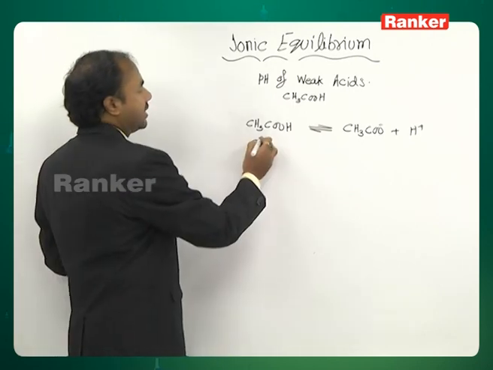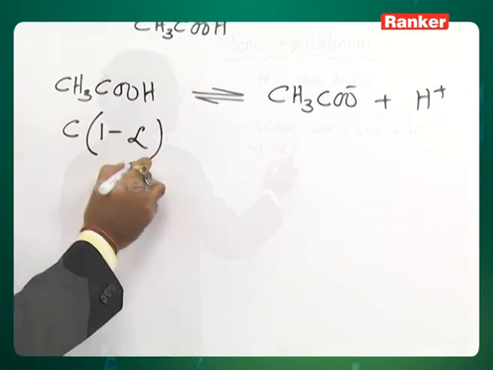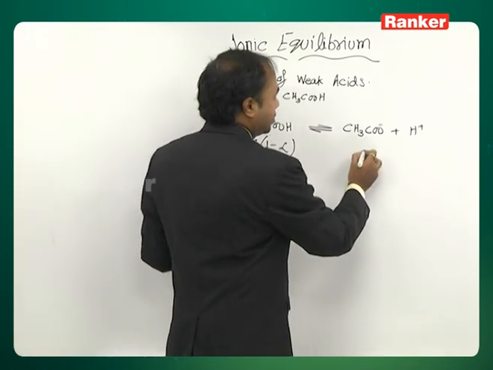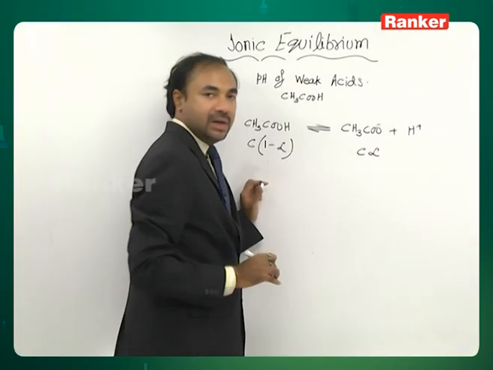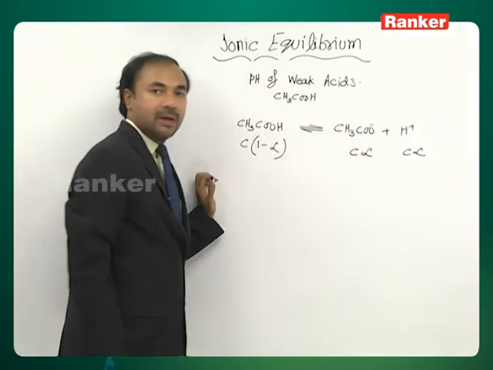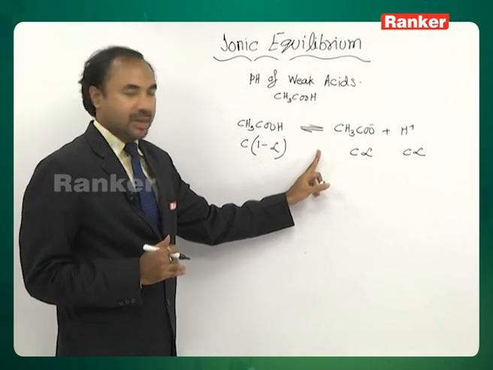We assume here the degree of dissociation of acetic acid is alpha. So this will be C into 1 minus alpha. So concentration of acetate ion in the solution will be C alpha, as well as H plus ions, it will be C alpha. Now, because this is an equilibrium, we'll have some equilibrium constant also.